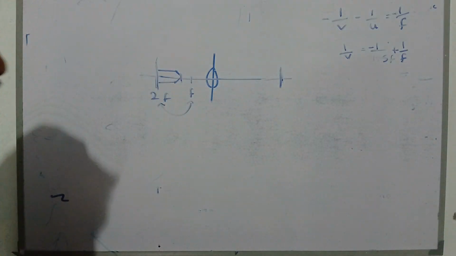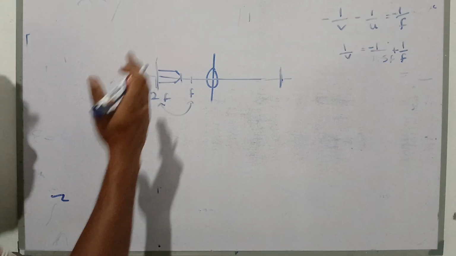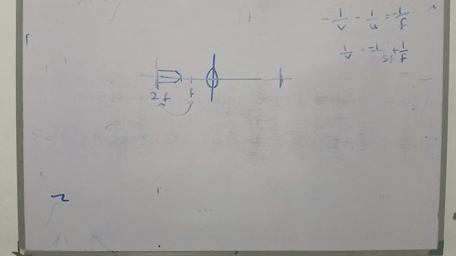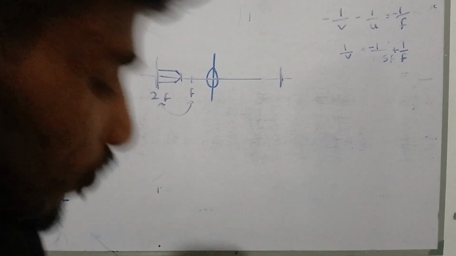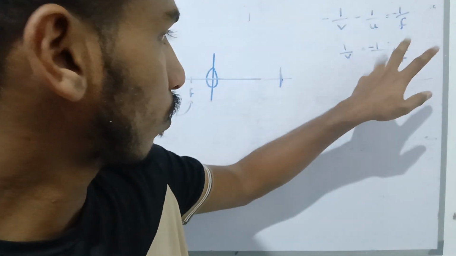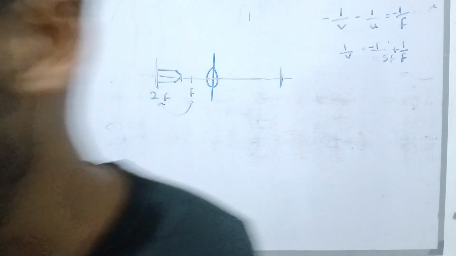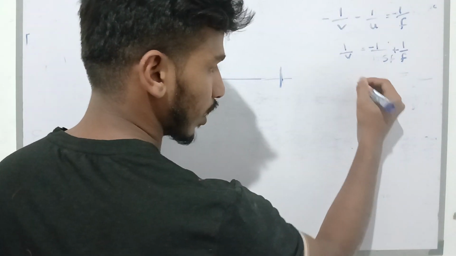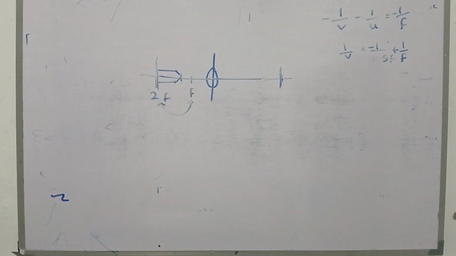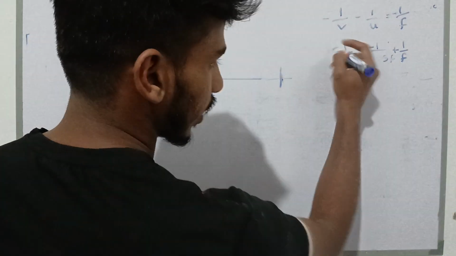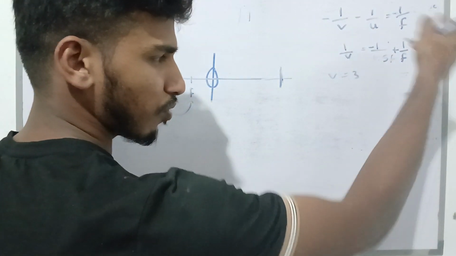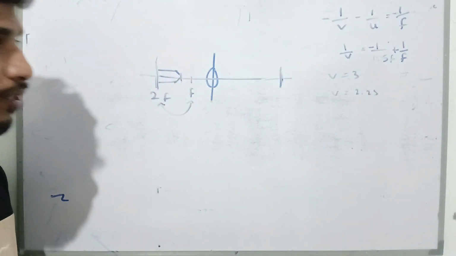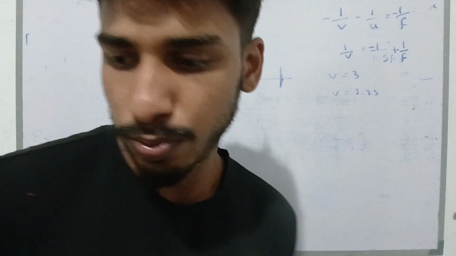So when you move away from f, okay, I just evaluated the values. When u is 1.5f, I'm getting an answer of 3 for v. And I think for 1.8f I'm getting v equal to 2.25. You can see the image is getting smaller and smaller.